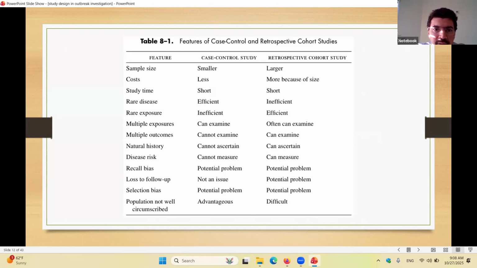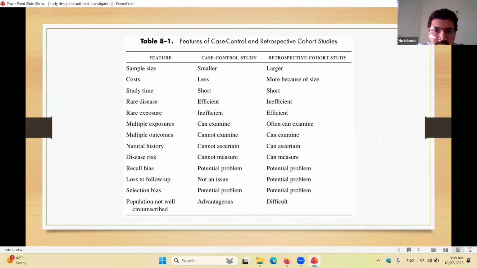For sample size, in case control studies, we need smaller sample sizes. But in retrospective cohort studies, we need larger sample sizes, larger study sizes. This is the benefit of case control studies compared with cohort studies, that we can conduct a case control study with a smaller sample size.